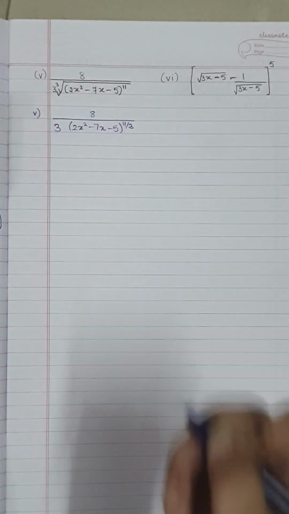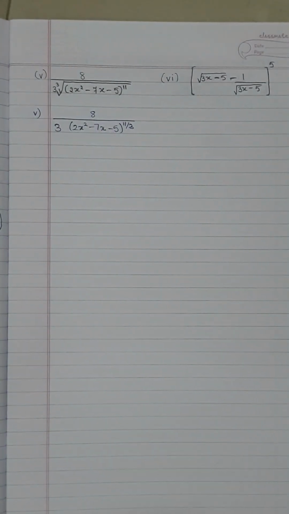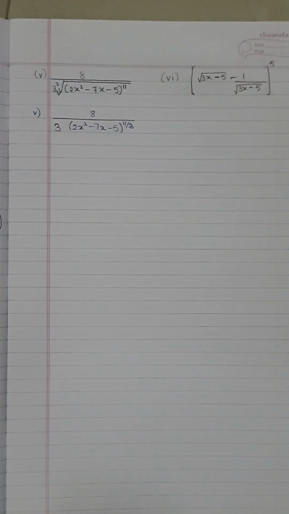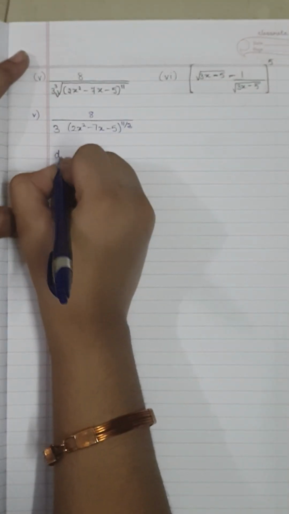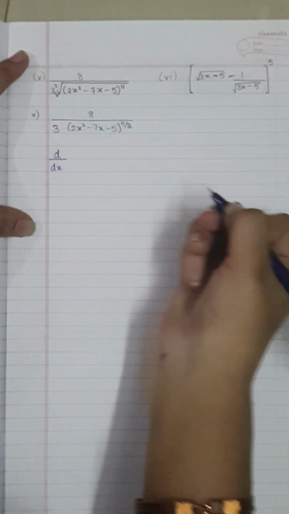This is your fifth sub question. So writing this, the differential of this will be d by dx, because we are differentiating with respect to x, of 3 2x square minus 7x minus 5 to the power 11 by 3, and numerator as 8.